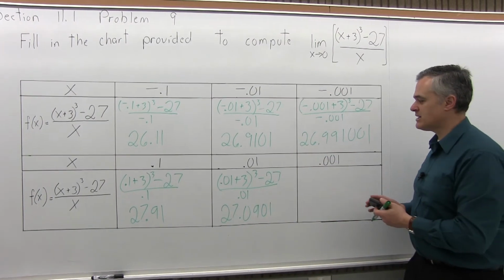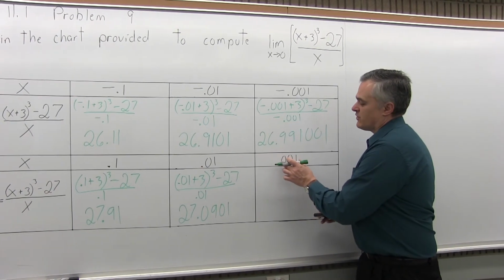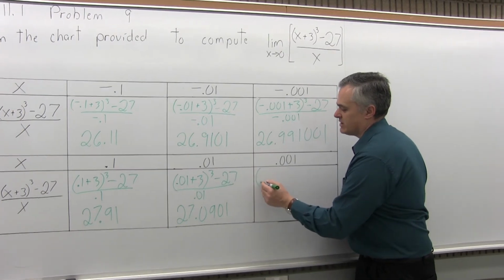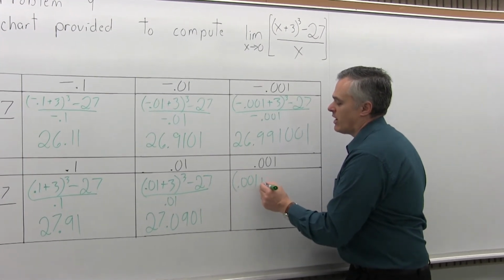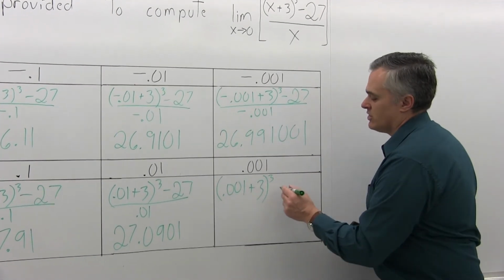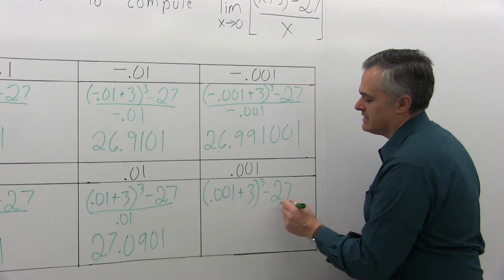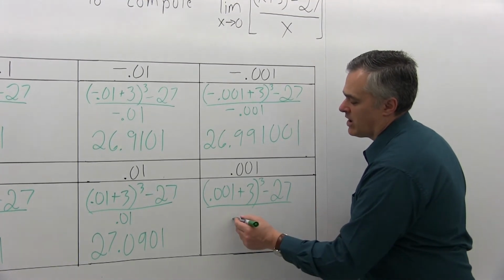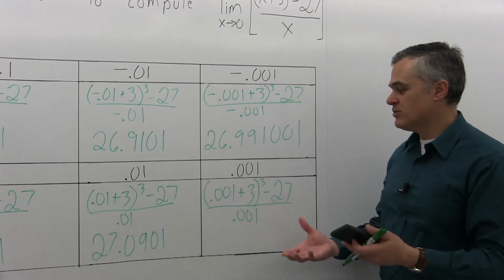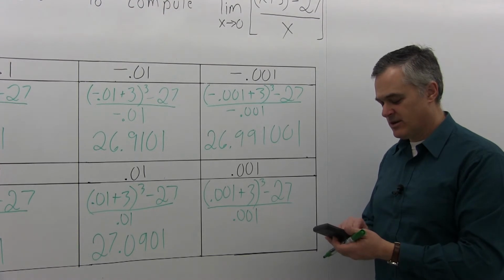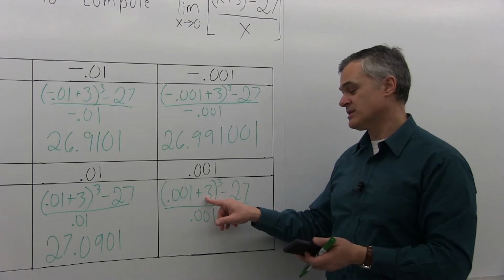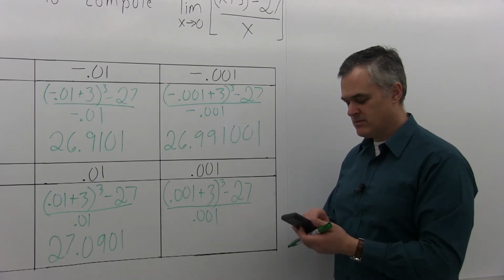We'll just fill in the final box. It says use 0.001 as the x value. So in the parentheses, x plus 3 becomes 0.001 plus 3. Those parentheses are raised to the third power. You subtract 27 from whatever you get as an answer. In the denominator, the value of x is going to be 0.001. And again, do the math. Of course, obviously, use your calculator. In the parentheses, 0.001 plus 3 will be 3.001. Raise that to the third power.